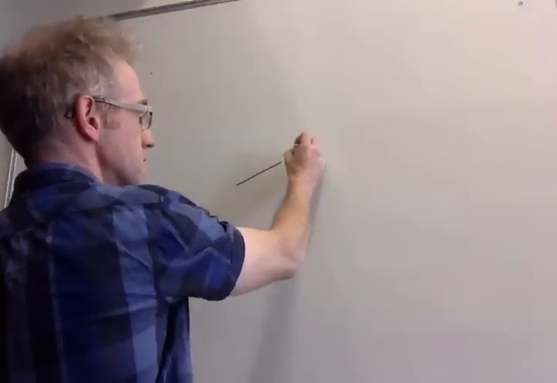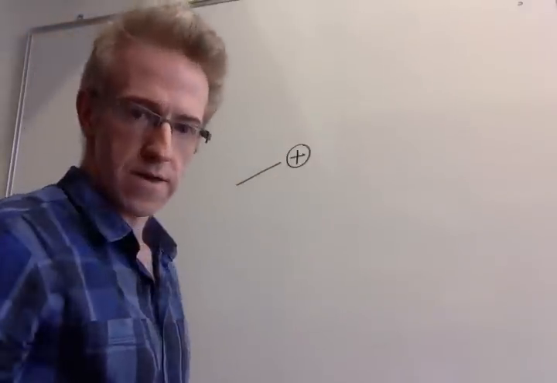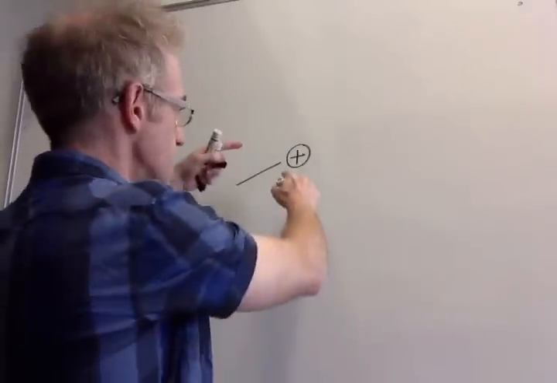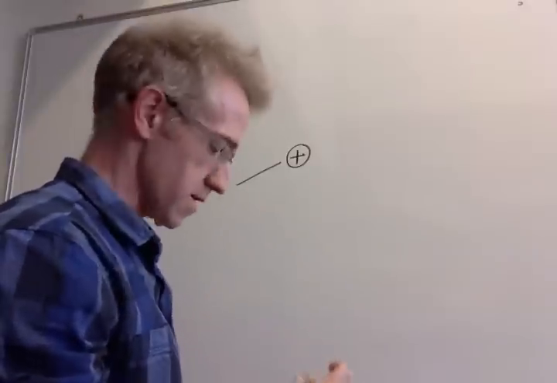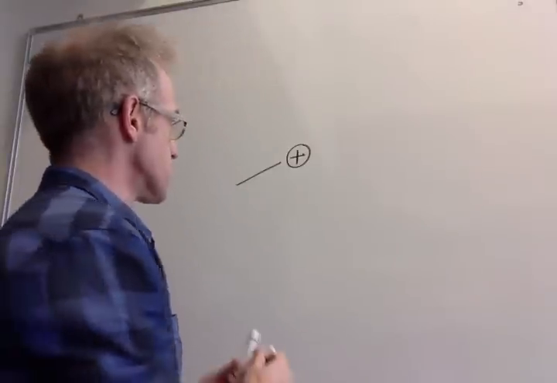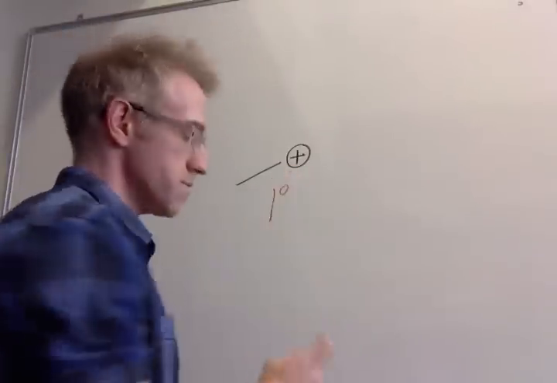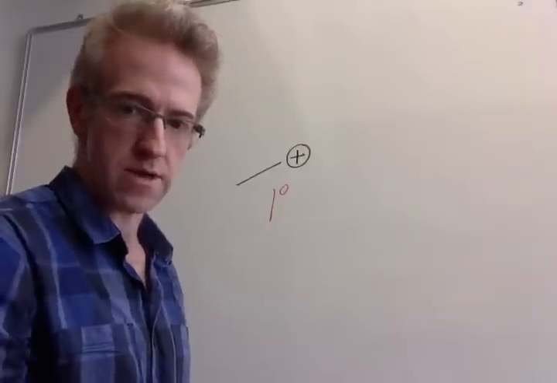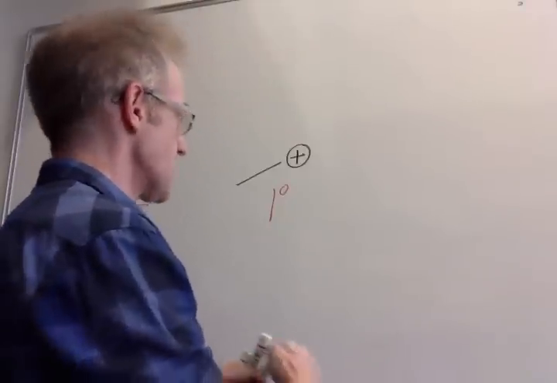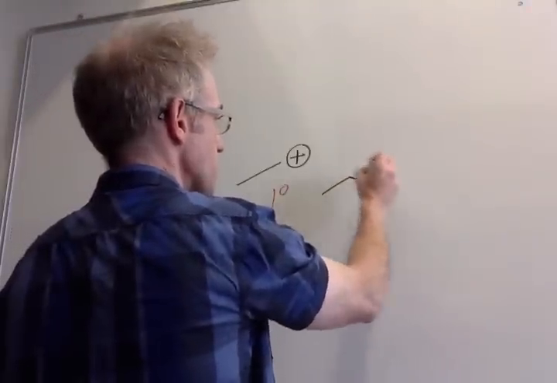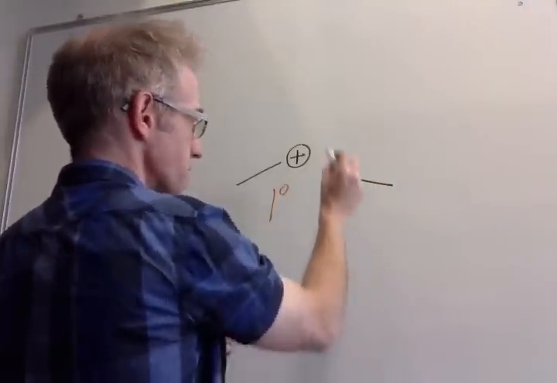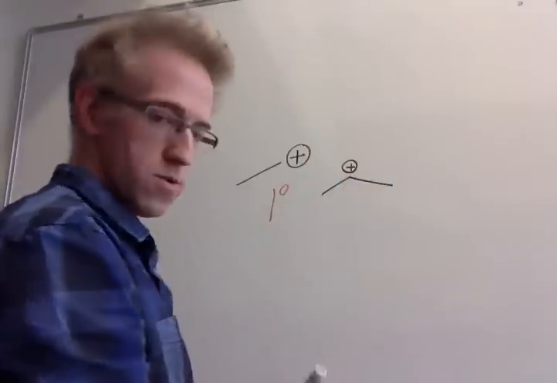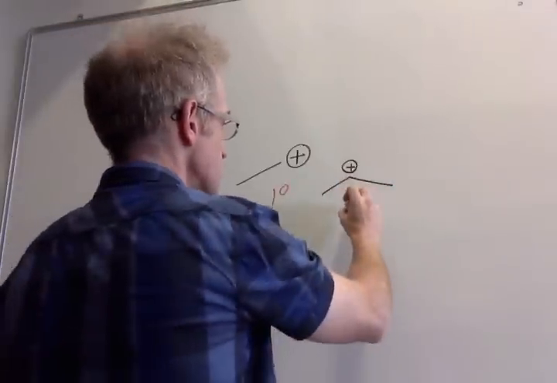So in the case of carbocations, I think we've done this already, a carbocation with a charge on the end with only one attached alkyl group, we refer to as a primary carbocation. We sometimes have one with a little degree symbol next to it. In the case of a secondary carbocation, we're talking about a positive charge with something like 2 alkyl groups attached to it.